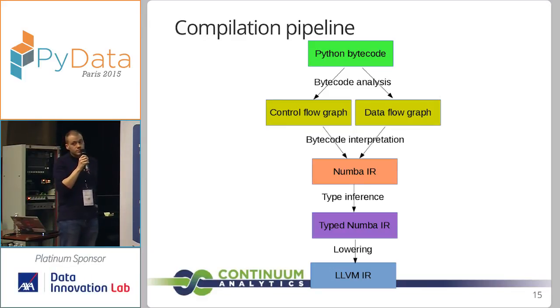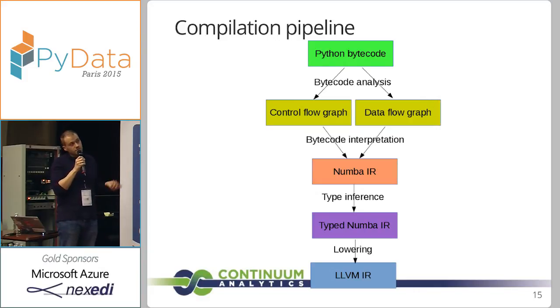If you want to produce fast native code, you want to know which types you are acting on. For example, if you have an addition, you want to know if it's an addition between two ints or two floats. So we run type inference starting from the function entry point. We know which types the function is called with, so we propagate the type information inside the function. And hopefully we get a wholly typed Numba IR at this point.